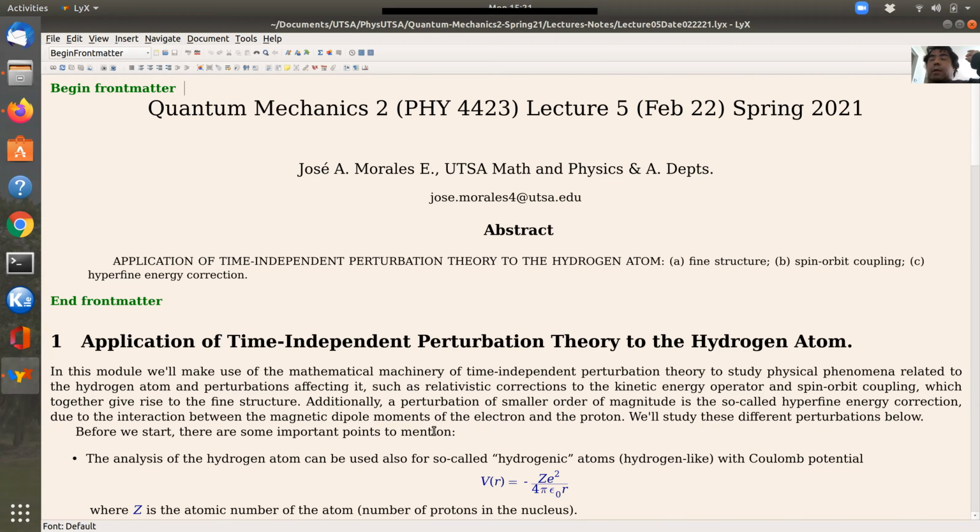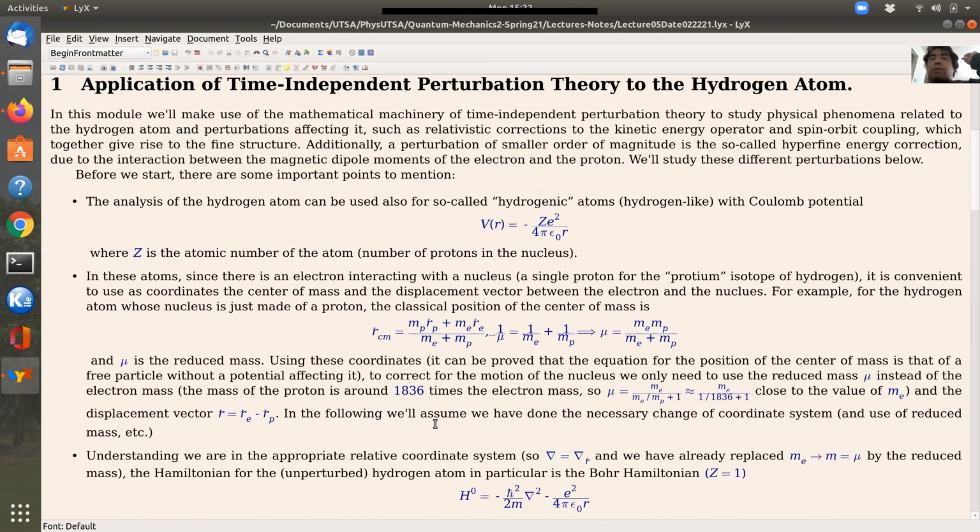So there are some preliminaries that I want to mention before we start. I'm going to study the hydrogen atom for example purposes, but this can also be extended to so-called hydrogenic atoms, which are hydrogen-like in the sense that they have an electron in the last layer.